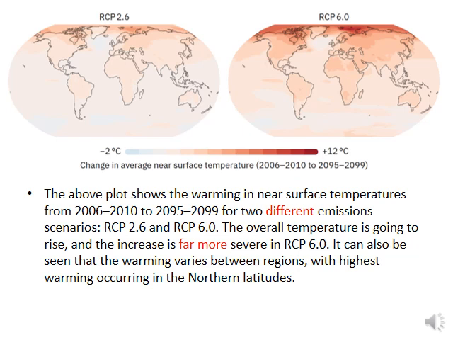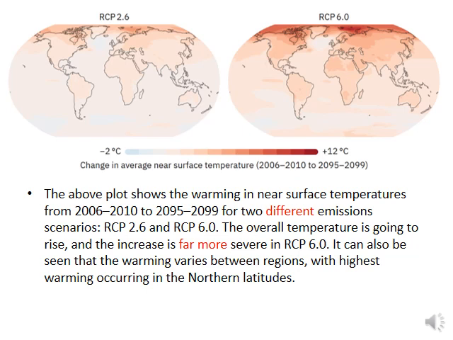So here we see 2 different plots comparing 2 different scenarios. And then this is written. The above plot shows the warming in near surface temperatures from 2006 to 2010, and then 2095 to 2099 for 2 different emissions.